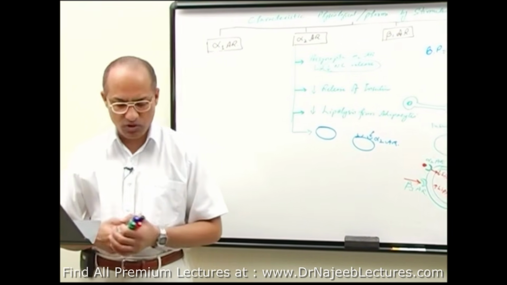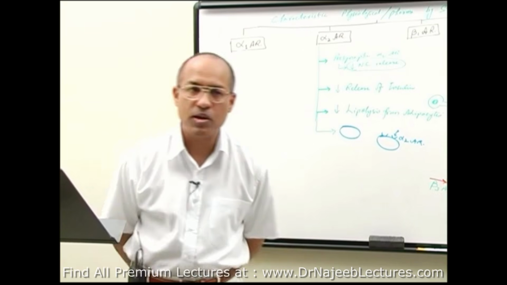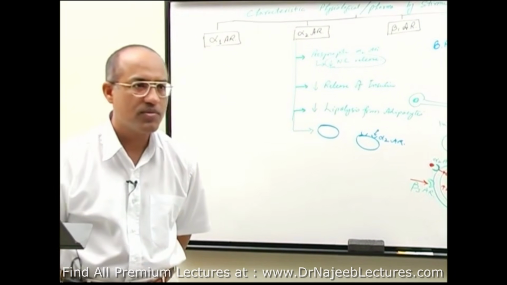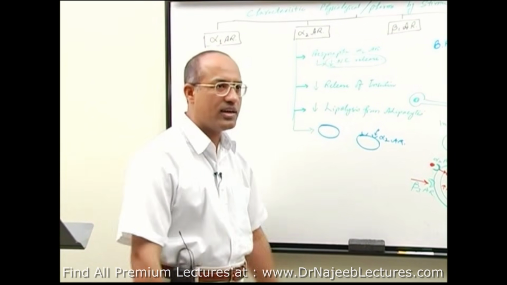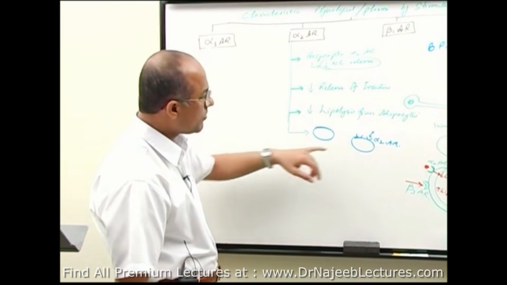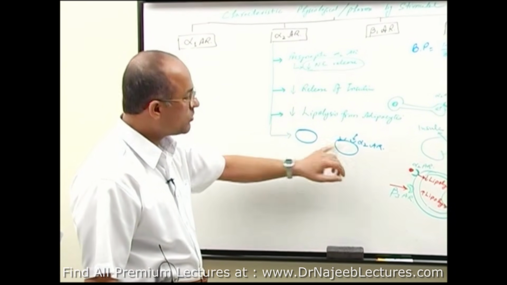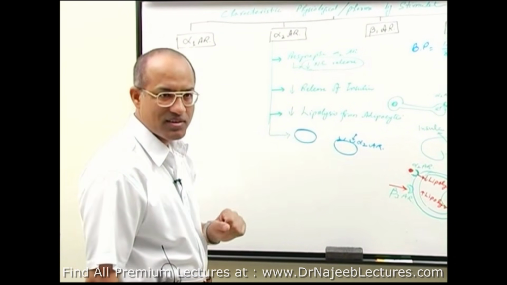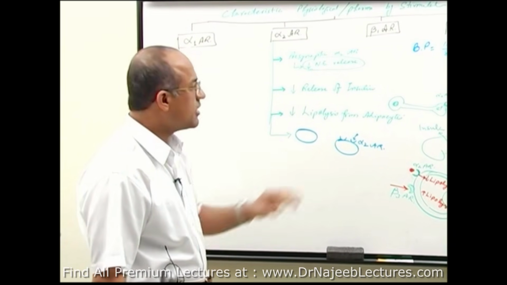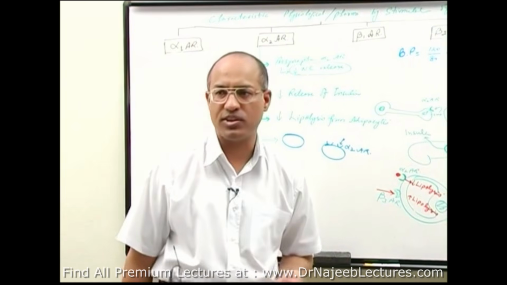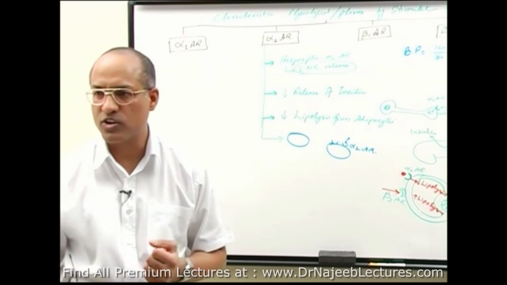So alpha 2 receptor stimulation can lead to platelet aggregation, right? So what can we do? You know, pharmacologically we have drugs which can block the alpha 2 receptors, and reduce the platelet aggregation. They are still working to make some more efficient drugs to reduce the platelet aggregation, right?